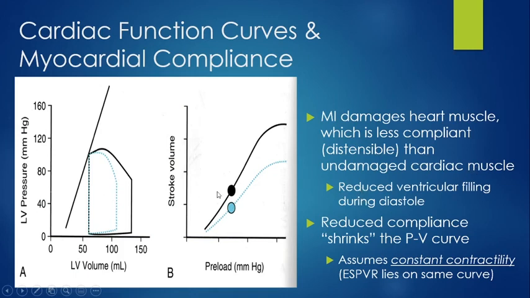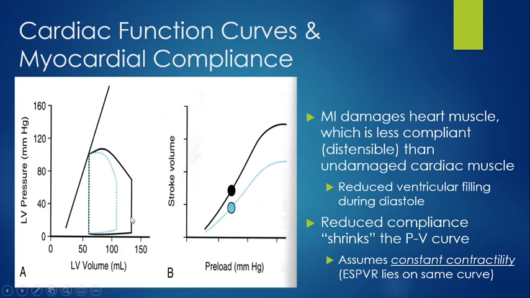Ultimately, what that results in is a decrease in end diastolic filling. We're going to see that EDV decrease because that fibrotic tissue is more stiff, less compliant, and therefore we can't fill up the left ventricle as much at the end of diastole, as indicated by this point C right here. And so a reduced compliance shrinks the pressure volume loop.